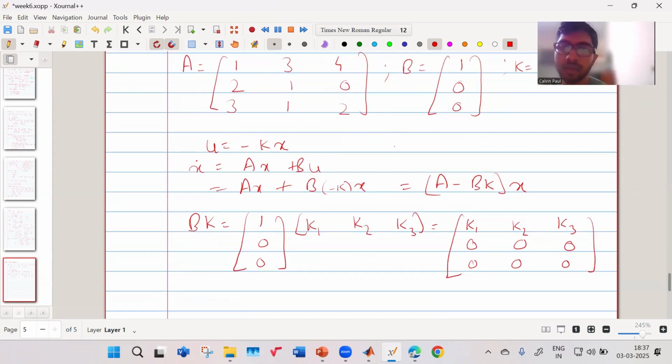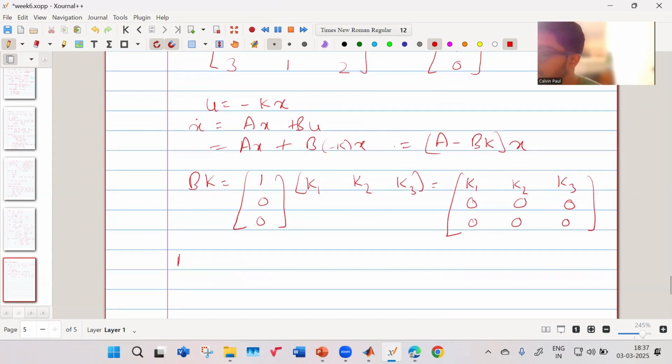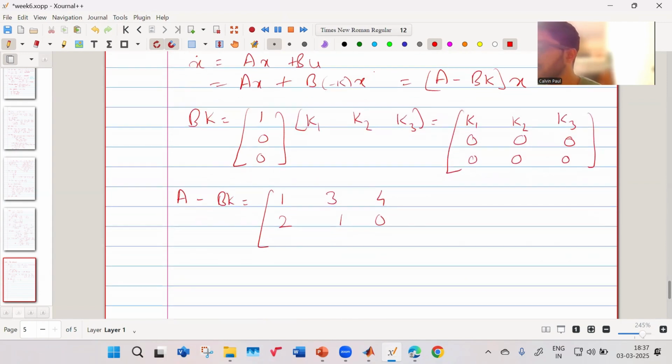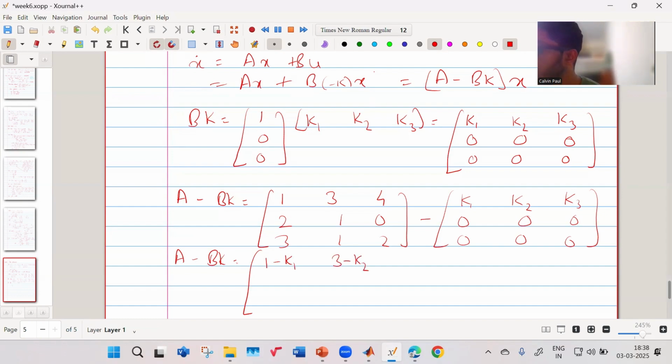So A minus BK is [1, 3, 4; 2, 1, 0; 3, 1, 2] minus [K1, K2, K3; 0, 0, 0; 0, 0, 0], which equals [1 minus K1, 3 minus K2, 4 minus K3; 2, 1, 0; 3, 1, 2].